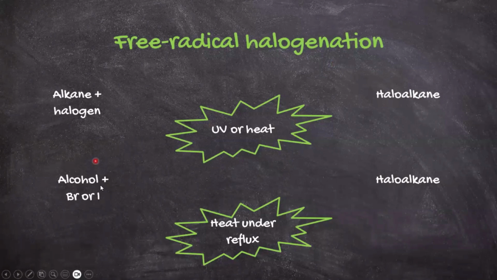Alcohols also tend only to accept bromine or iodine, so the heavier halogens. I'm not going to go into the mechanics of why, just know that that is the case. And to do this, you're going to heat it under reflux.